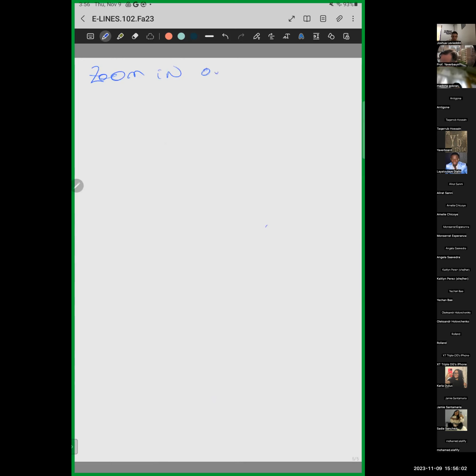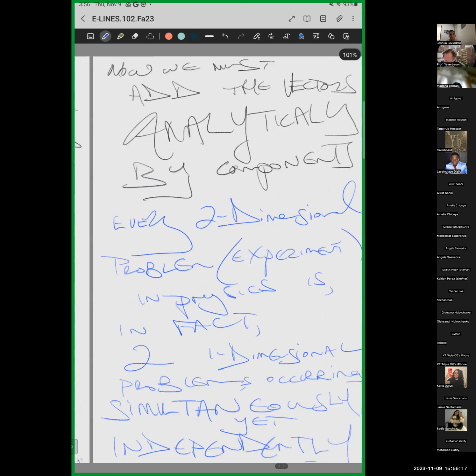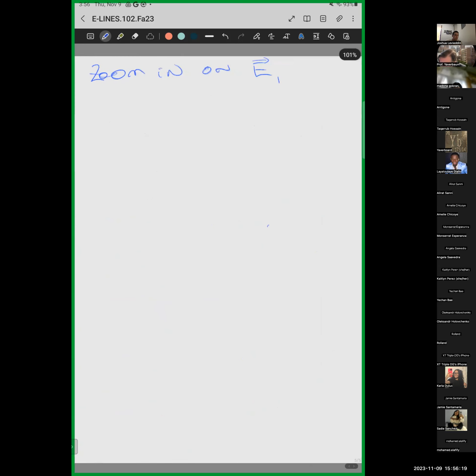Zoom in on E1. E1 looks like that. So here's E1, and I'm saying E1 is pointing to the southwest.